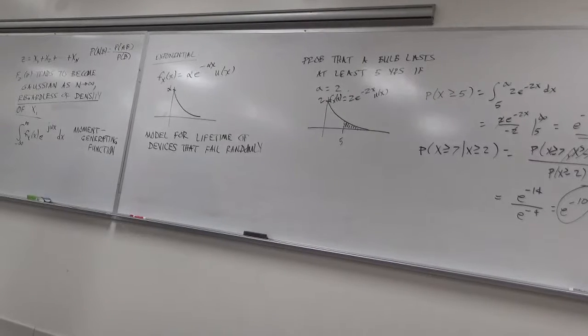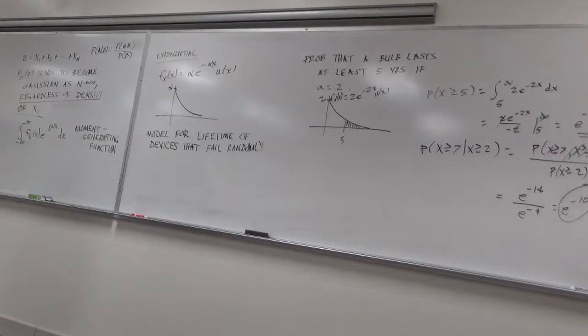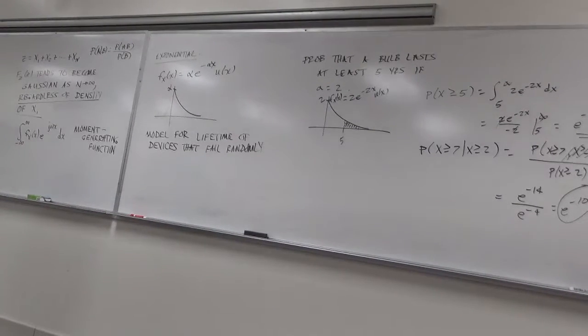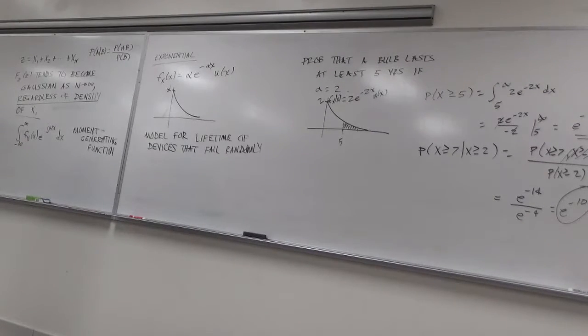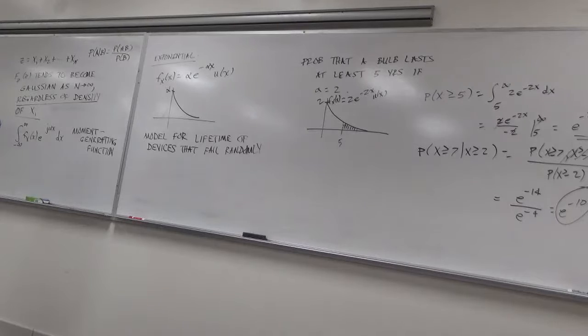The same. And by the way, if you said that bulb has already been in for 25 years, what's the probability that it lasts another 5 years? E to the minus 10. Okay? This is sometimes called a renewal process. You see where that would come from?